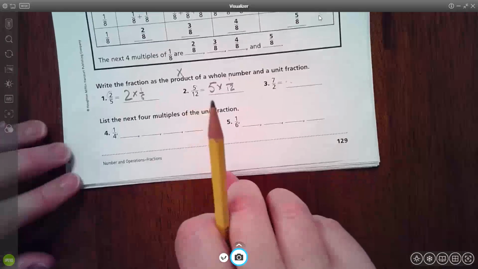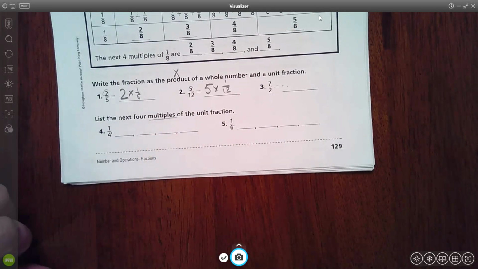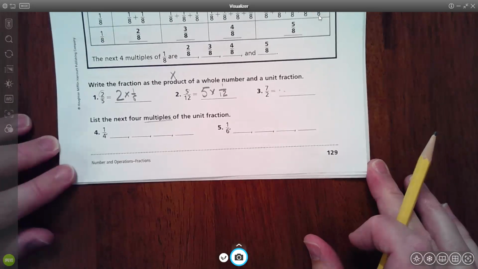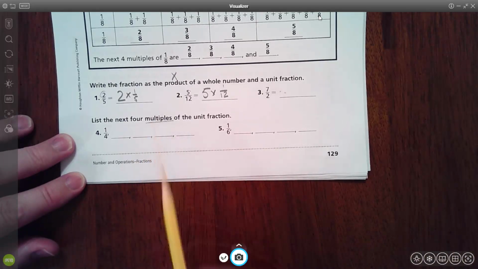And then when it talks here, remember multiples, we were just in my class getting into multiples. We were doing factors and multiples. We were getting started, but I think Miss Jacobson's classes did some multiples and stuff. So multiple just means we're counting by that number.